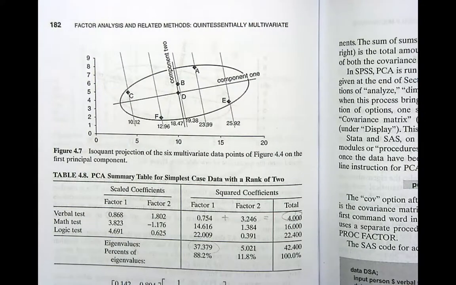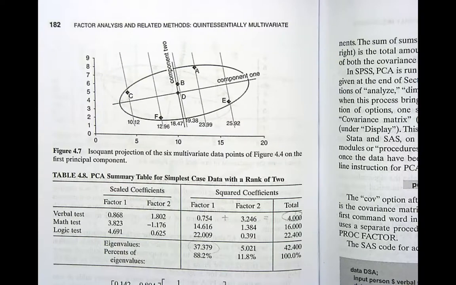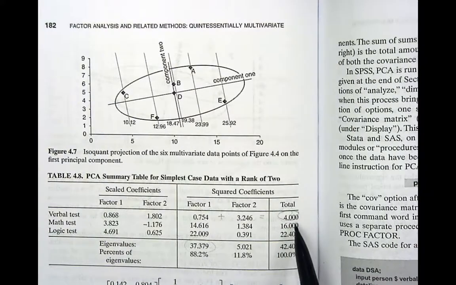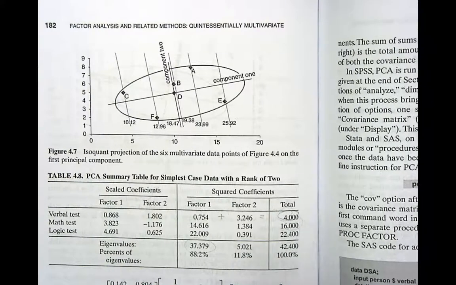Now, with empirically derived data, where the rank is greater than 2, these statistics for a two-component PCA model would indicate the number of variance units accounted for by the model rather than the total amount of variance in the data. We only have a perfect number, like I said, because it's rank of 2 and the data fits perfectly.